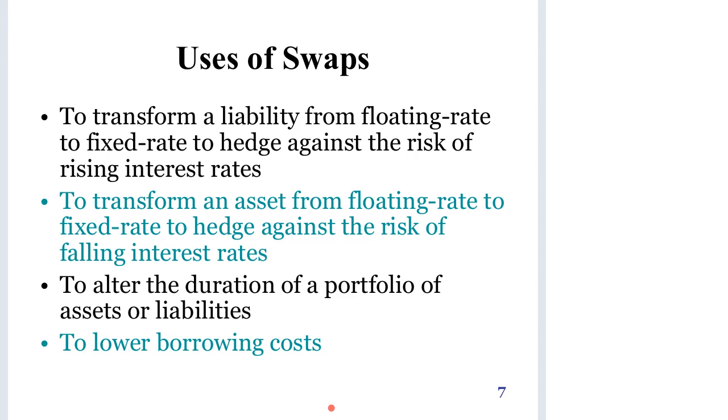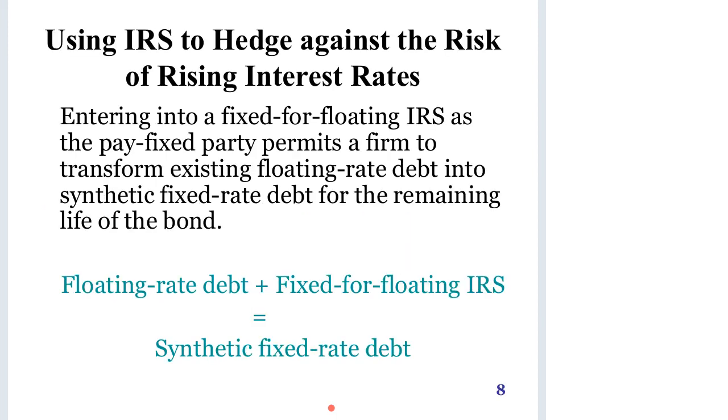A little more complicated, but what one could do is also transform the asset from floating rate to fixed rate against the falling rates. You could also alter the duration of the portfolio of either the assets or the liabilities. So you could actually change the duration of the assets and liabilities, and in a sense, it will also allow you to reduce your borrowing costs.